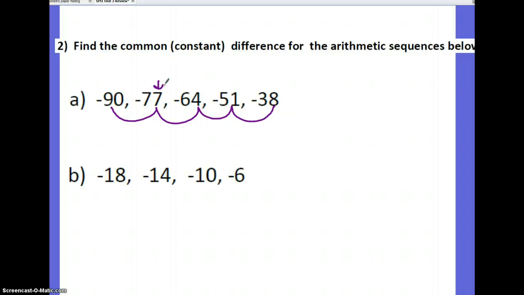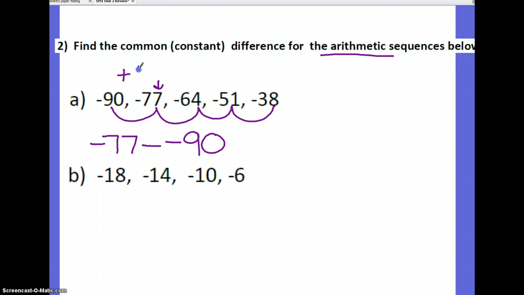But if you're unsure and you don't know what it's going by, you can always take the second number. And in this case, the pattern is not geometric. It's definitely arithmetic because it even says it is. Then you would take the second one and you would subtract the first one if you didn't know what it was going by. Or you could just guess and check.